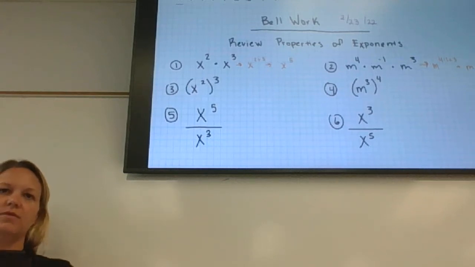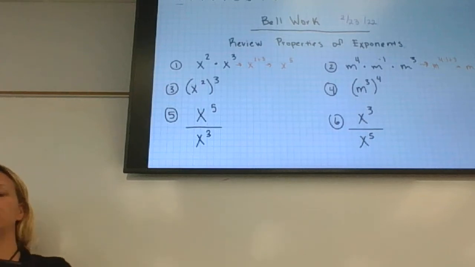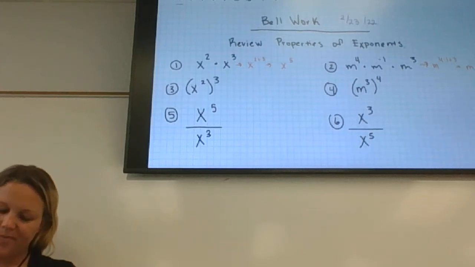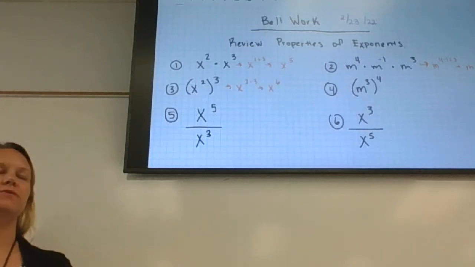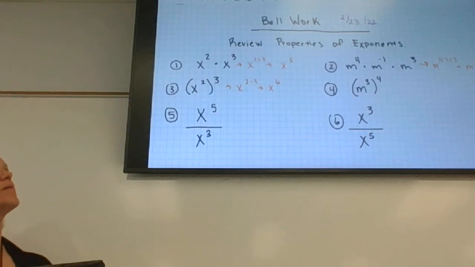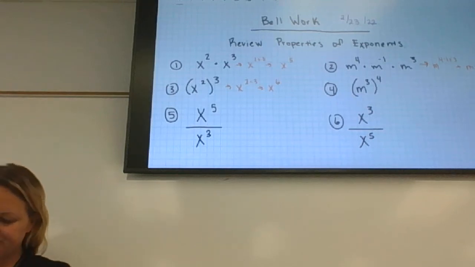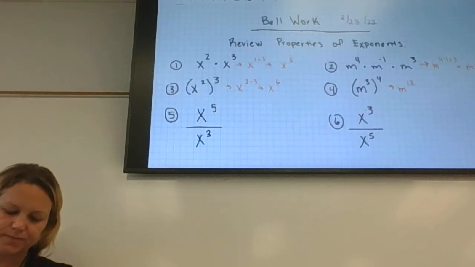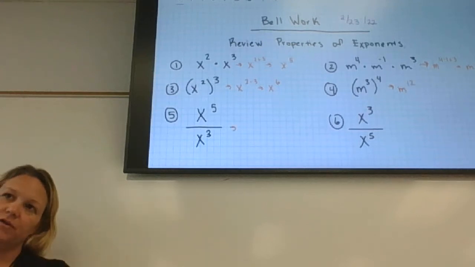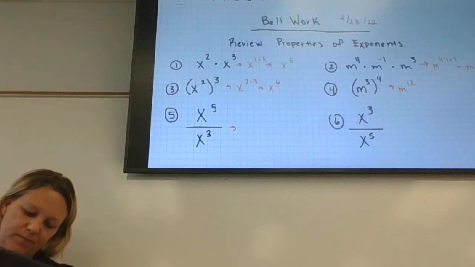Number 3, Seth, what do you do with those exponents? Knowing the difference between 1 and 3 is pretty essential. So number 4 is m to the 12th. Number 5, what do you do there, Joanna?